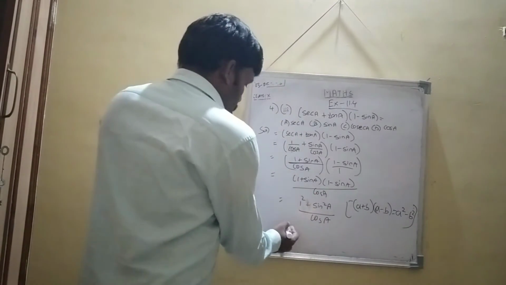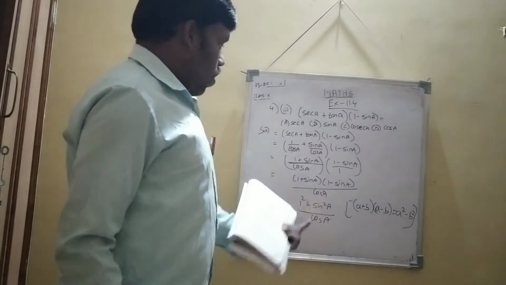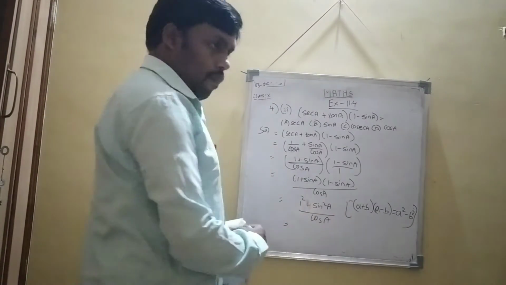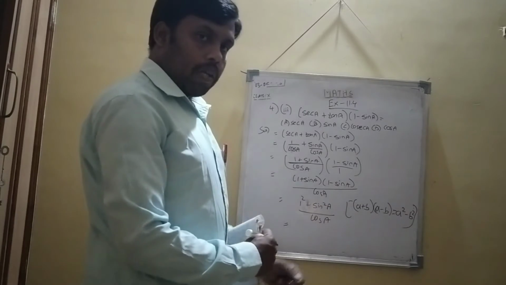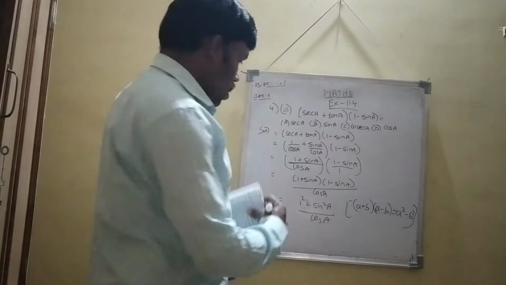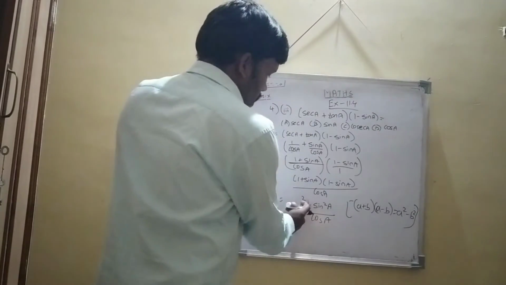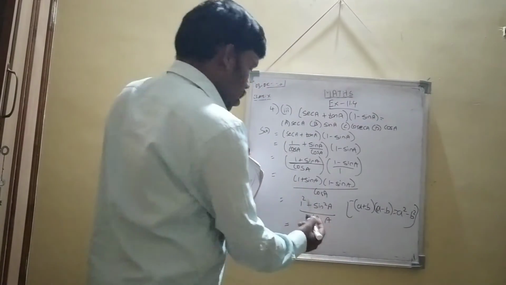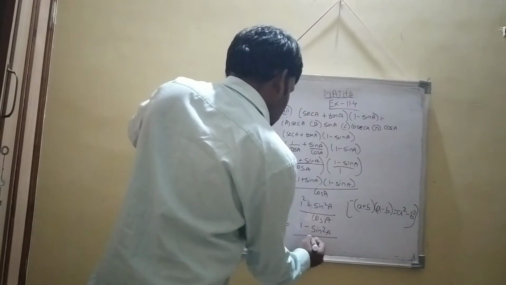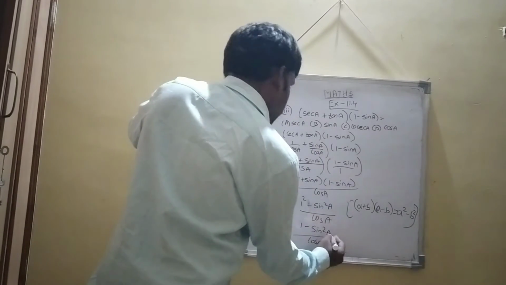Now this is related to the identity: sine square A plus cos square A is 1. So cos square A will be 1 minus sine square A. In place of 1 square I can write 1, both are one and the same. So I can write it as 1 minus sine square A divided by cos A.